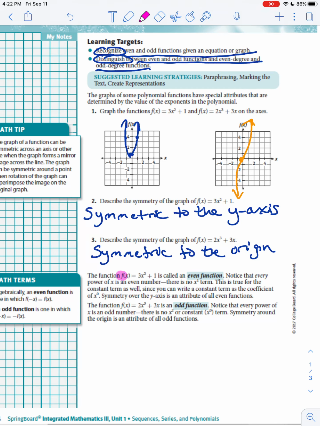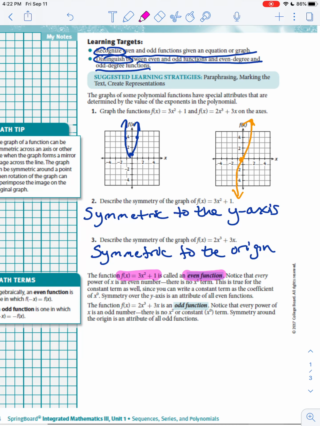So it says the function, and they give it to us as f of x equals 3x squared plus 1, is an even function. And what you want to notice is that every power of x is an even number. There is no x to the first term. There is kind of an x to the 0 power, and 0 is not usually considered even, but in this case it is.